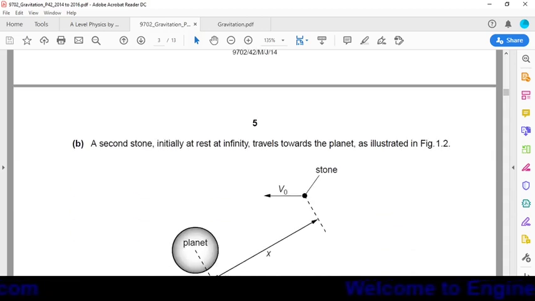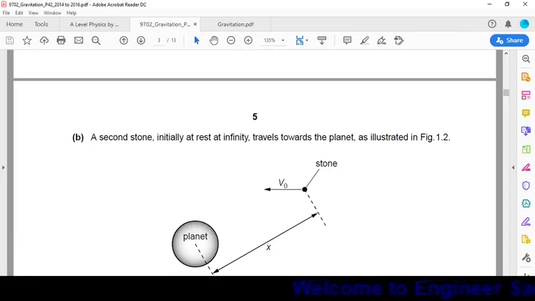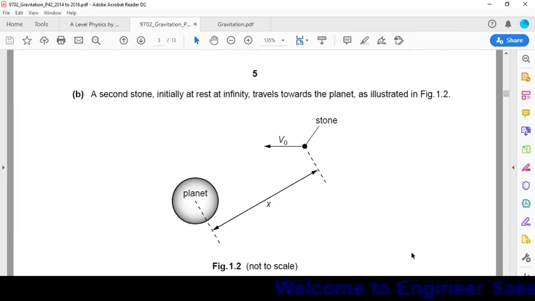Okay, next part. A second stone initially at rest at infinity travels toward the planet as illustrated in figure 1.2. Okay, this is figure 1.2. A stone is moving towards the planet with a velocity v0 and is at a distance x from the center of the planet.